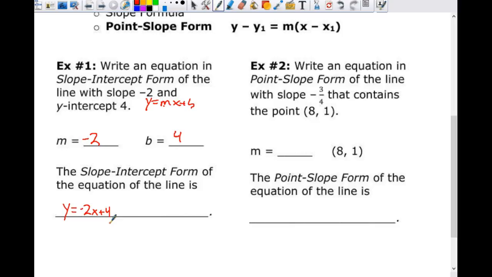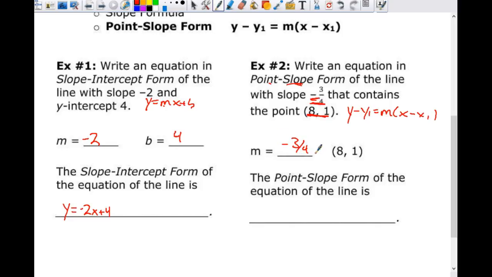This one's slightly harder, not much. y minus y1 is equal to m times x minus x1. That's called the point slope form. So our slope is -3/4.